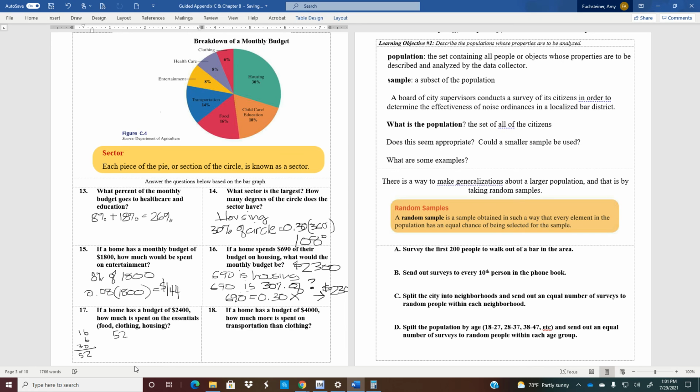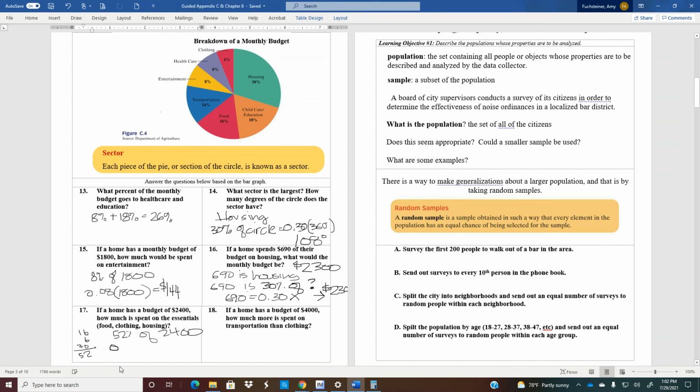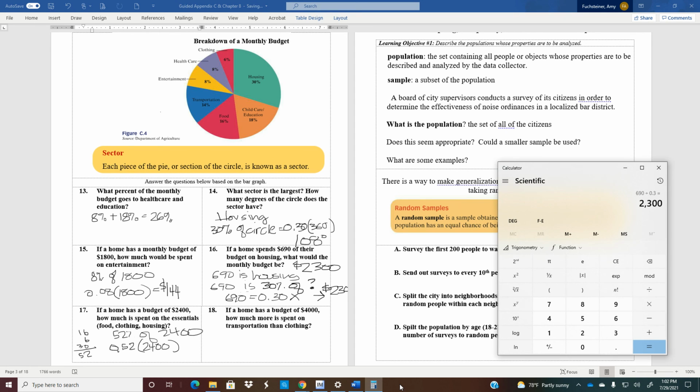So what is 52% of that 2,400? So now when I grab my calculator, I'm going to take 0.52, because 52% as a decimal is 0.52, times the 2,400. There we go. I get 1,248.